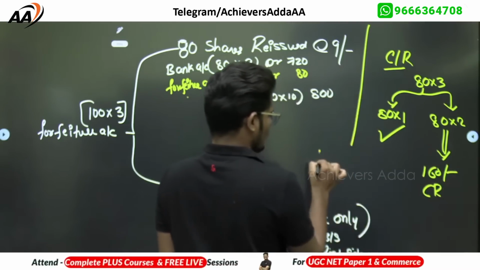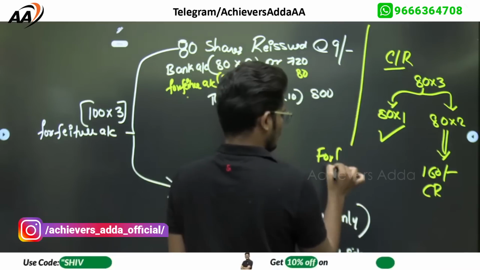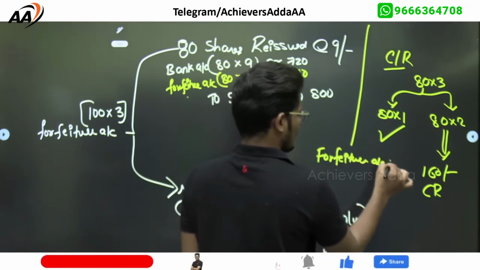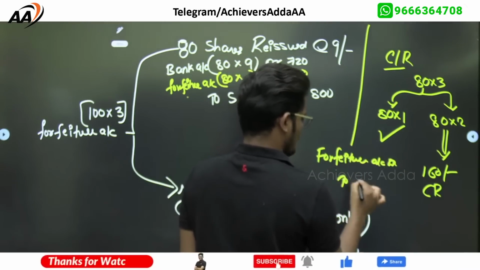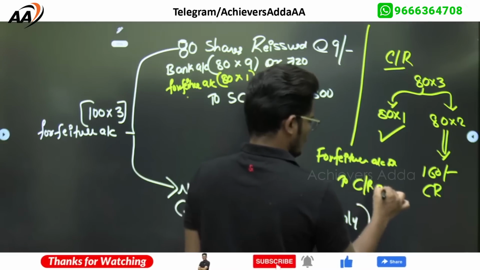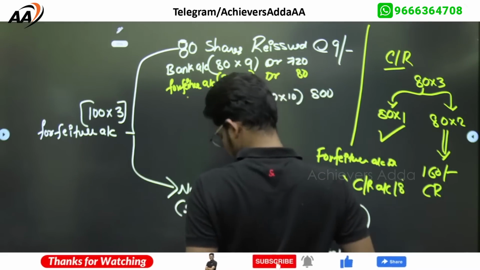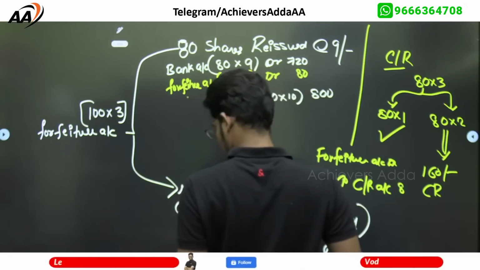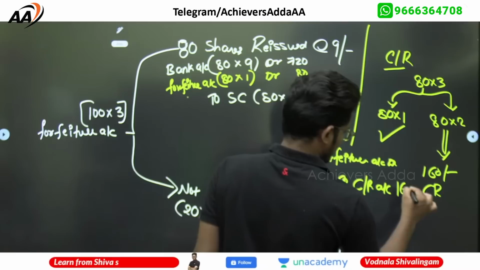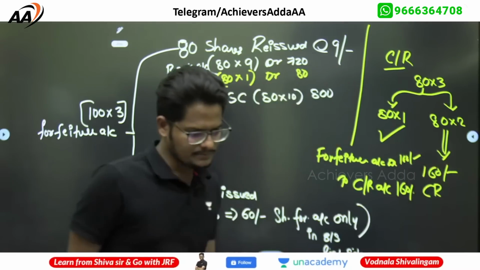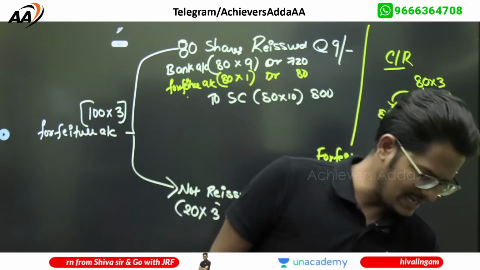That is: forfeiture account debit 160 rupees, to capital reserve account 160 rupees. Clear? That's it. As simple as that.